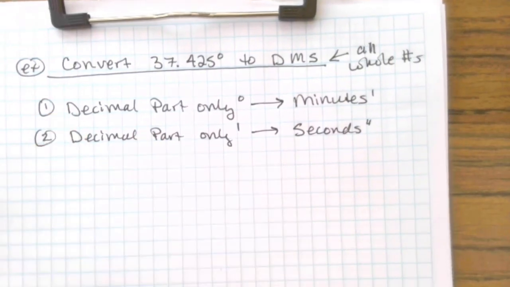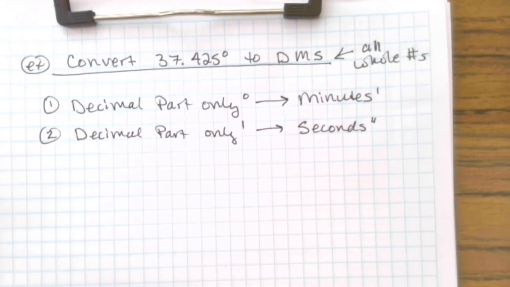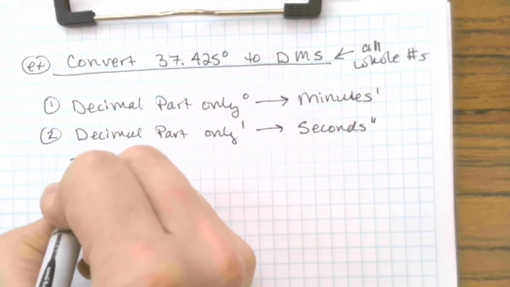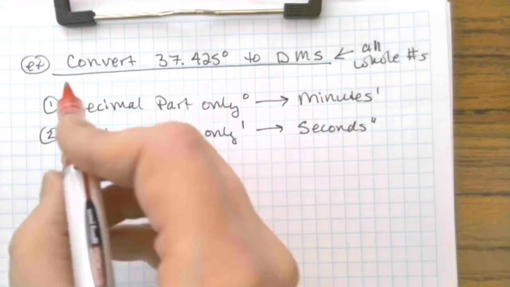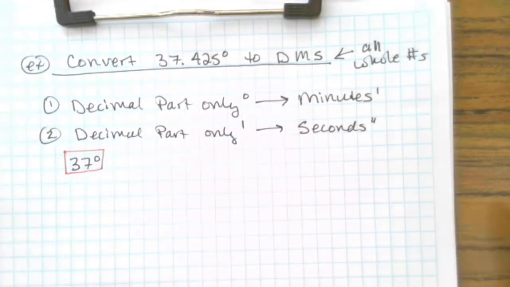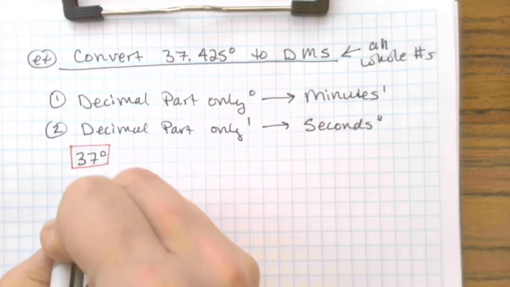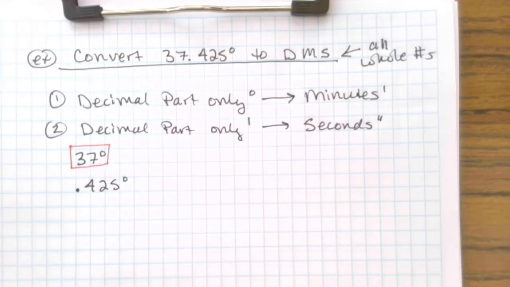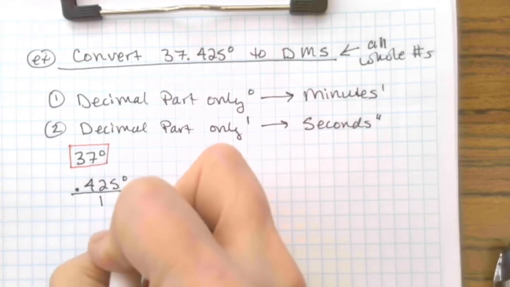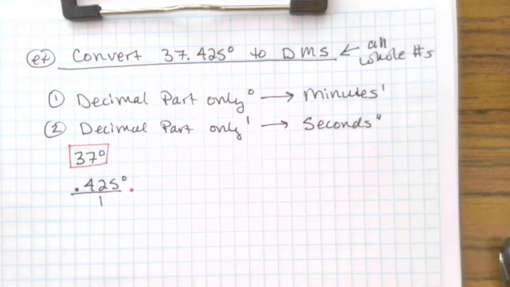So looking at our number, 37.425, we have 37 degrees. We're going to keep that because that's the first part of the degree notation, so that's good. But we need to take the 0.425 degrees and convert it. And we're going to use unit analysis for this. So put it over 1, and then you need your conversion fraction. There's 60 minutes in a degree.